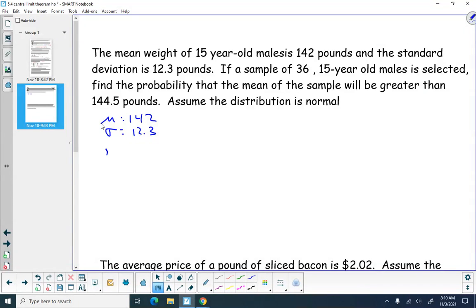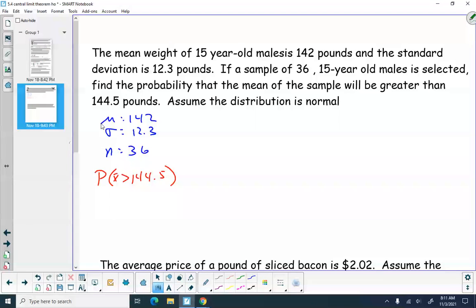And we're choosing a sample of 36 15-year-olds, and want to predict the probability that their weight is going to be greater than 144.5 pounds. What's the probability that that sample mean of 36 15-year-olds is going to be greater than 144.5 pounds?